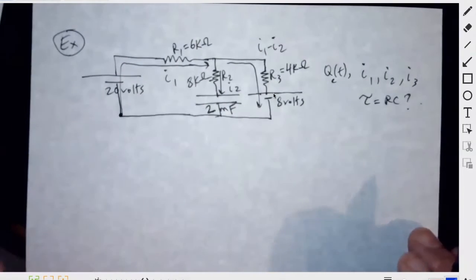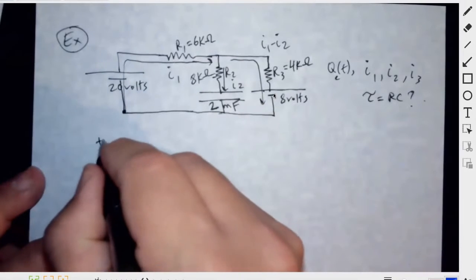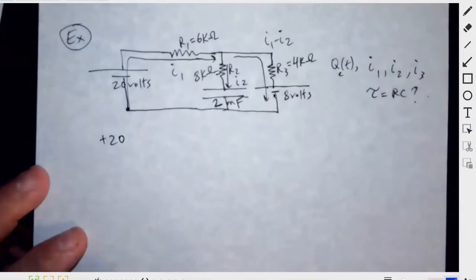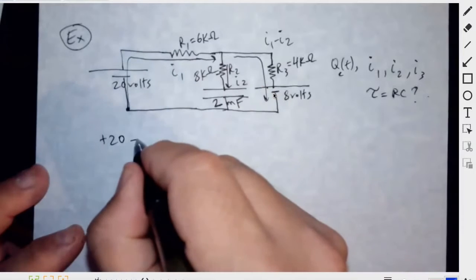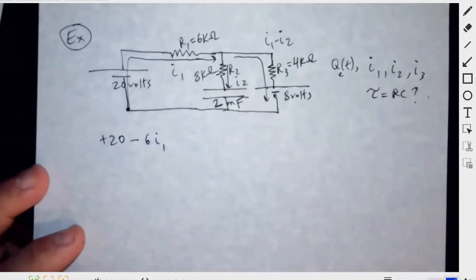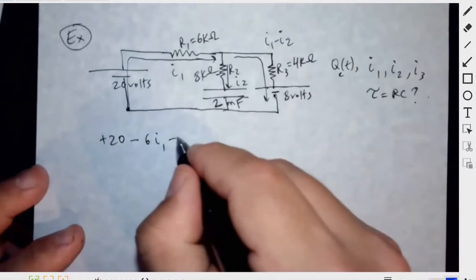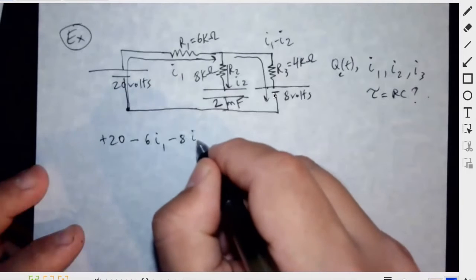Okay, so then let's see here. You have here, if I do the left loop, I gain 20. I lose here 6I1. And then here I lose 8I2.